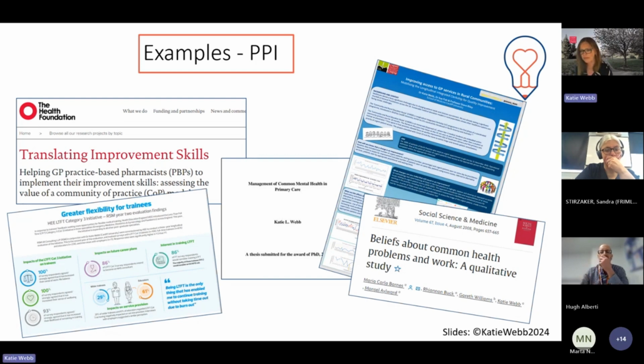For the beliefs around common mental health problems at work, involvement was used again in terms of engagement and recruitment, what mattered, what were the local issues and who were the champions. It really provided that other level of access and insight.